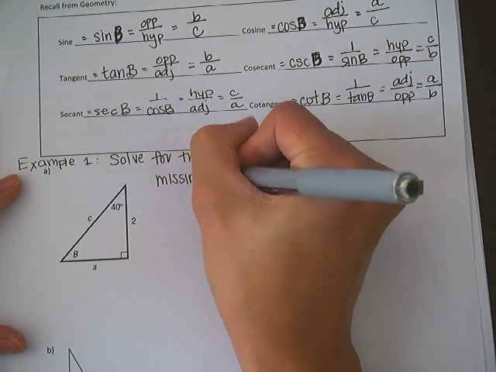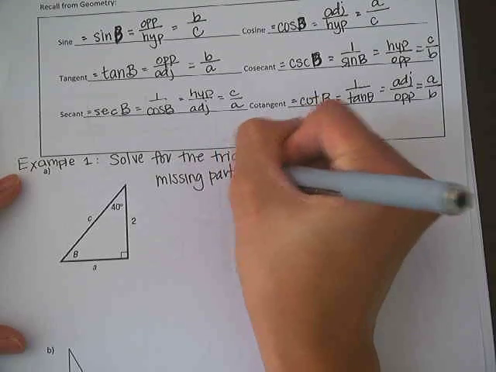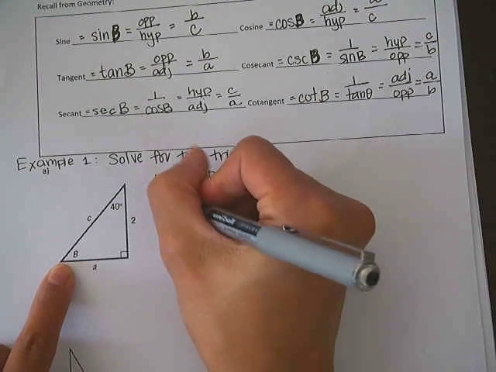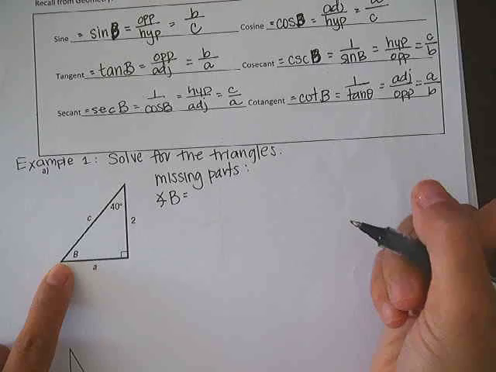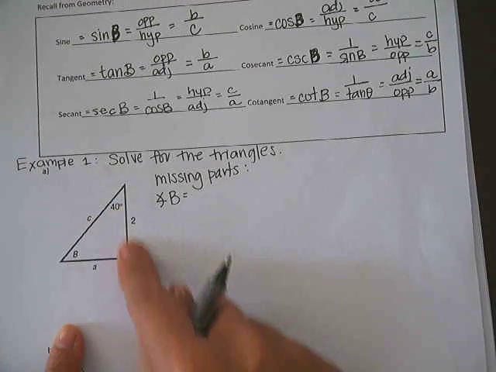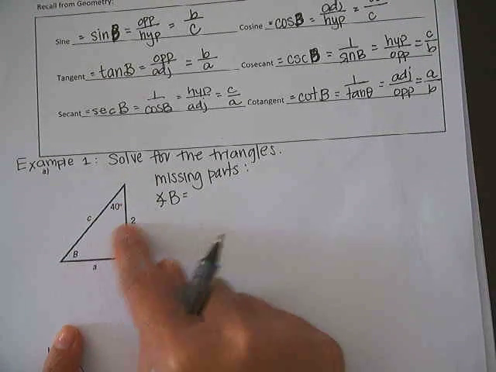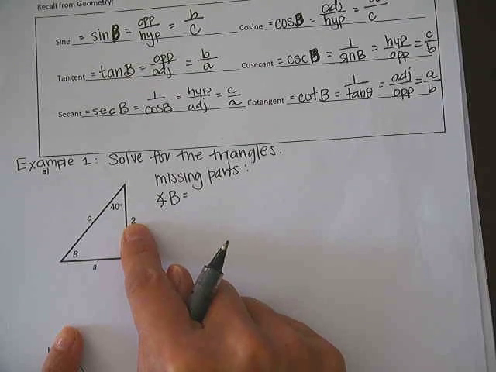Missing parts: we have angle B, which we're going to fill in a little bit. This measurement is 2 units, so this is little b, it's 2 units, which I don't need to find because it's already there.